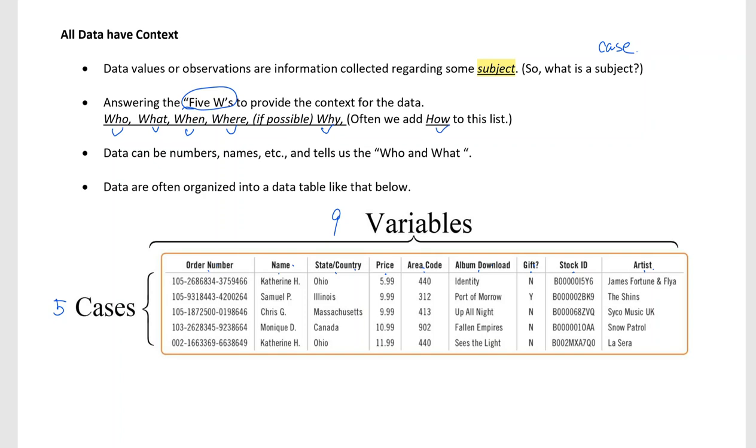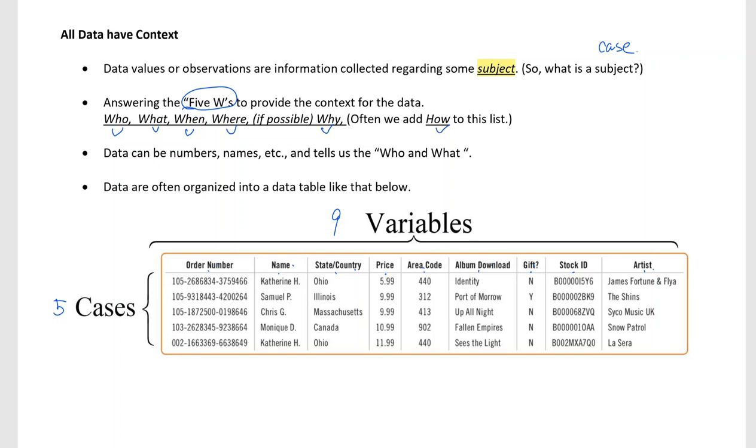These pieces of information are important for us to learn about this data. Who are we collecting from? What kind of information do we have about this case? When did we collect this information? Where did we collect the information? Why do we make this data table? And how did we collect it?